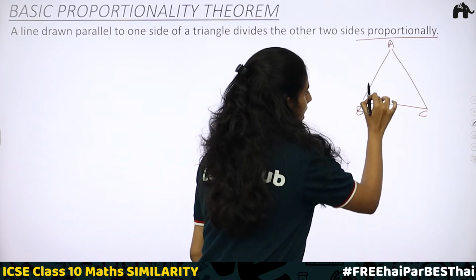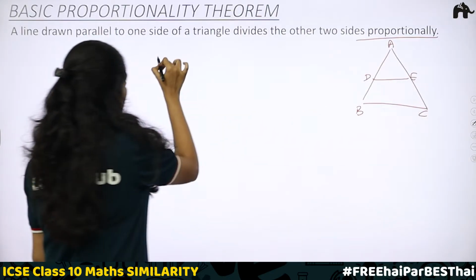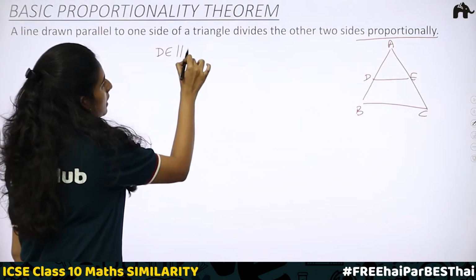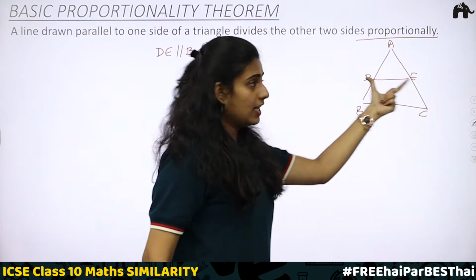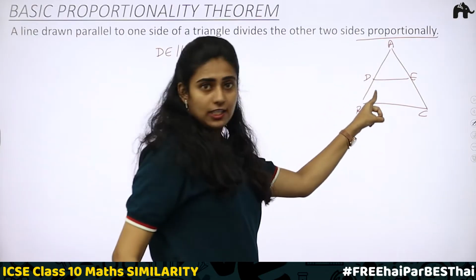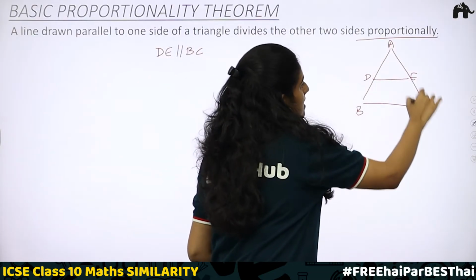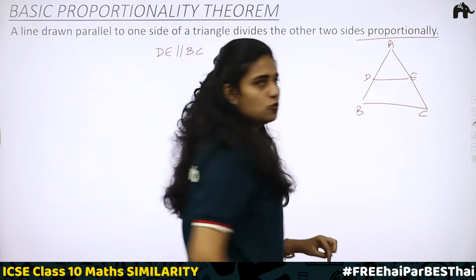Here we are drawing a line DE such that DE is parallel to side BC. When you see this line, you can understand that this line cuts AB at point D and cuts AC at point E, and DE is parallel to BC.